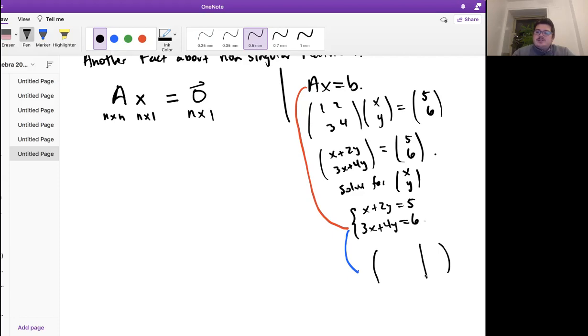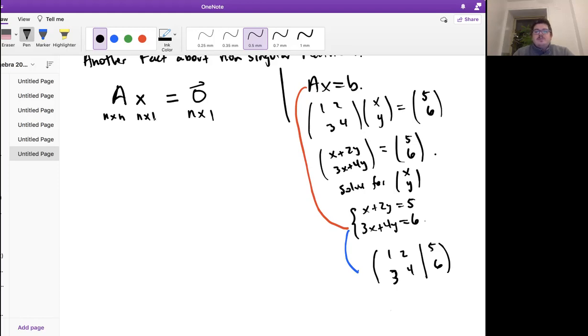It's an augmented matrix, yeah. What goes where? 1, 2, 5, and 3, 4, 6. Good. Okay, so ring the bell again. Matrix equations like Ax equals b are linear systems, are augmented matrices.